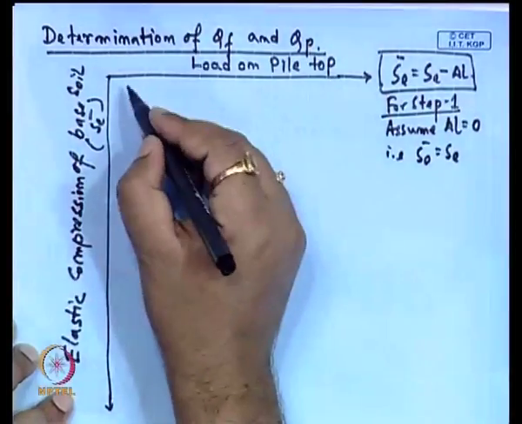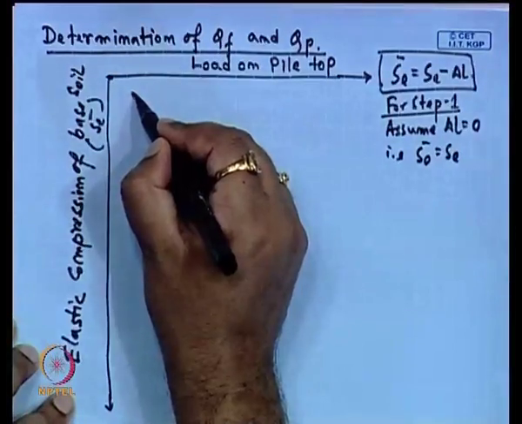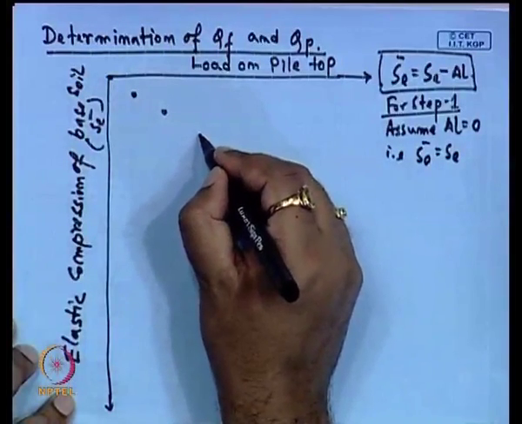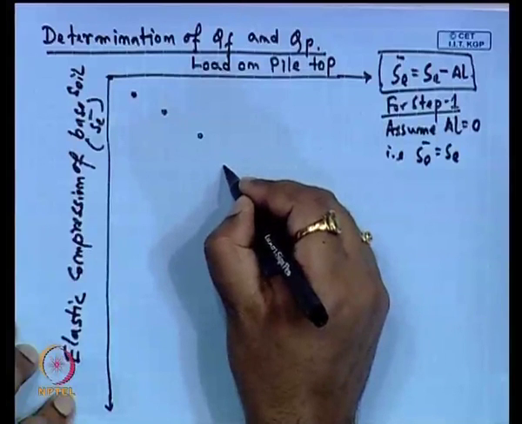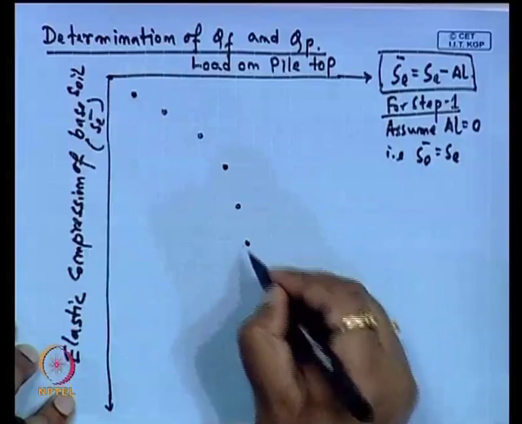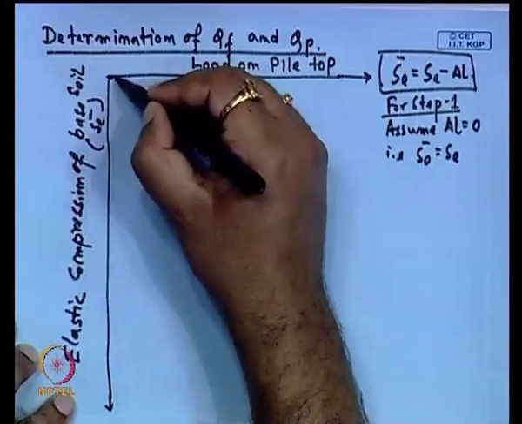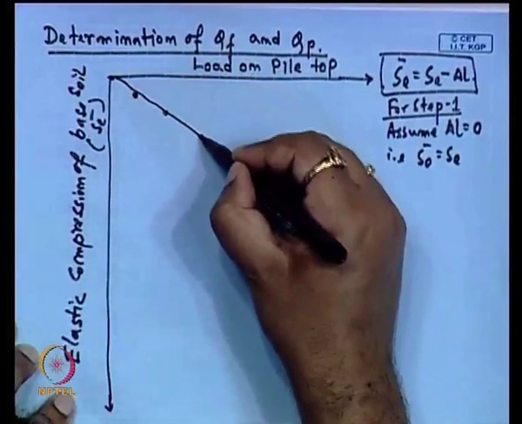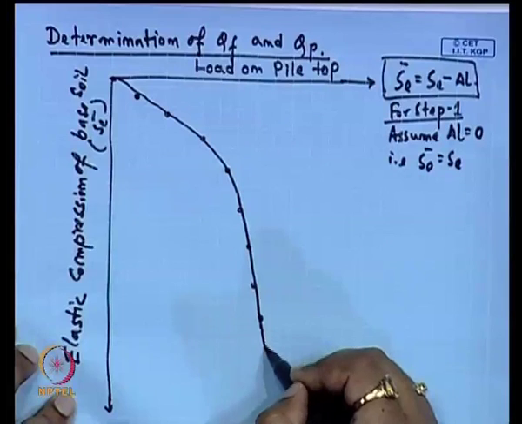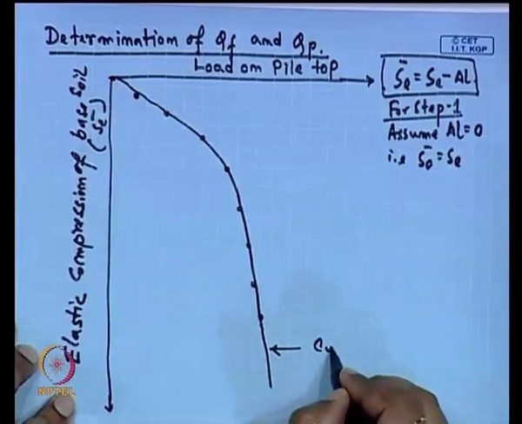So, what we will do now, we will draw this graph corresponding to different loading points. So, we will draw this graph. This is say curve 1.